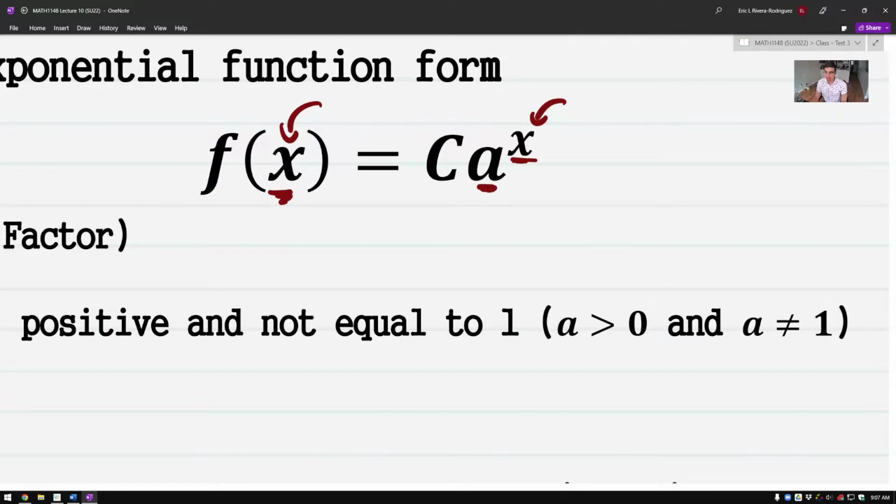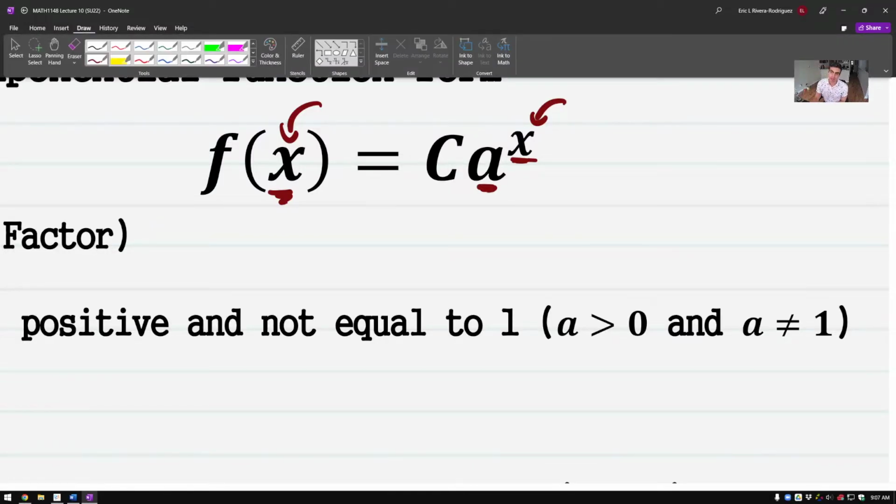So that is the first requirement to have an exponential function: the input of the function is applied in the equation as a power to a value. We are going to identify that value as the base of the exponential function.